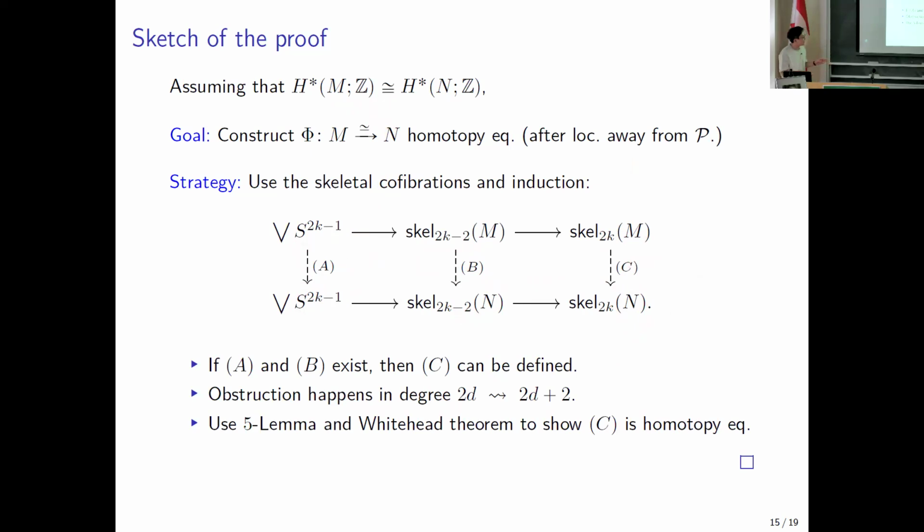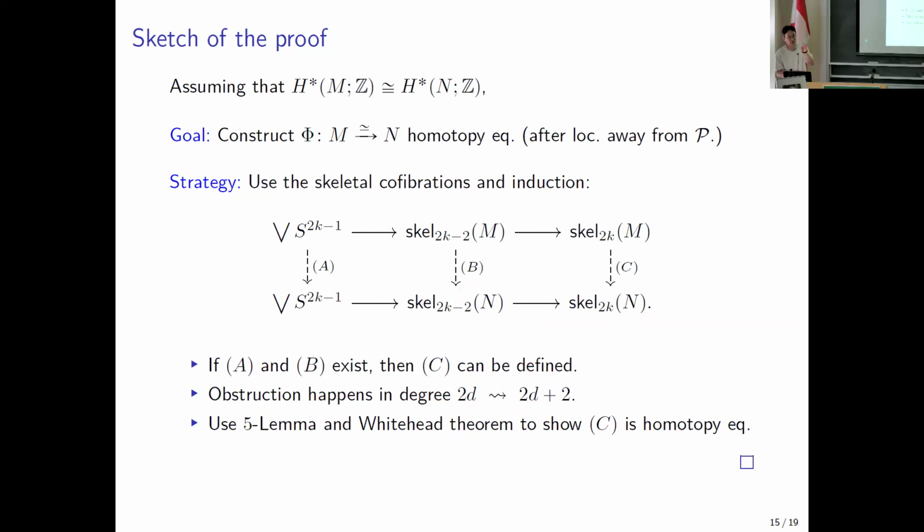And remember that we need to invert certain prime numbers. In the process of doing mathematical induction, when we pass through the degree from D to 2D to 2D plus 2, from B to C, from this to this, right? Then we have some obstruction. What was the specialty for this D?